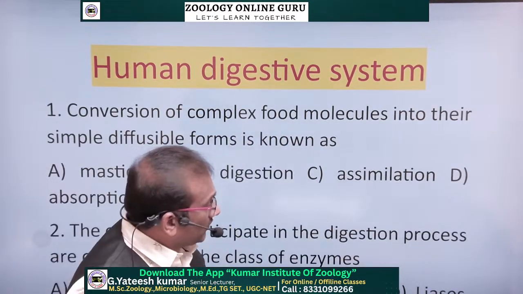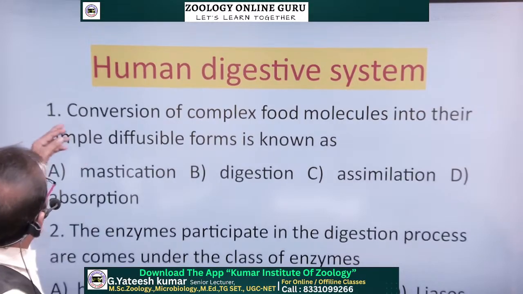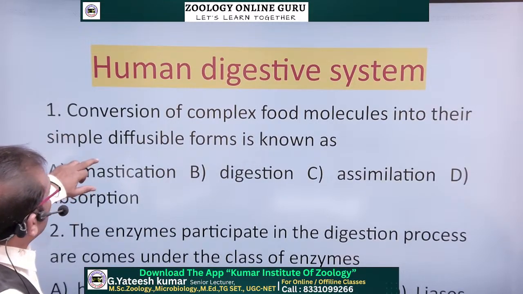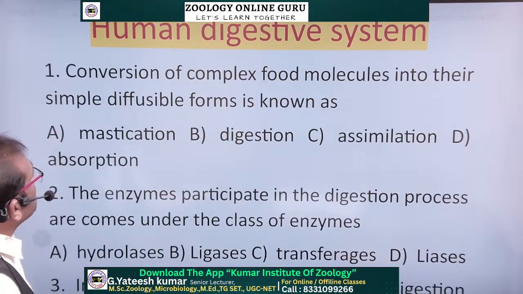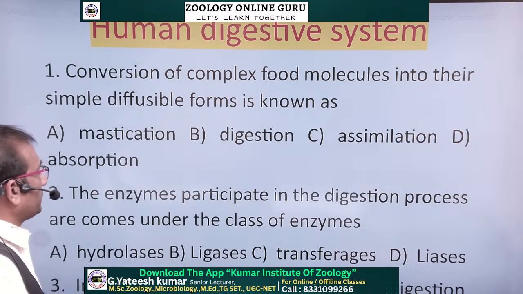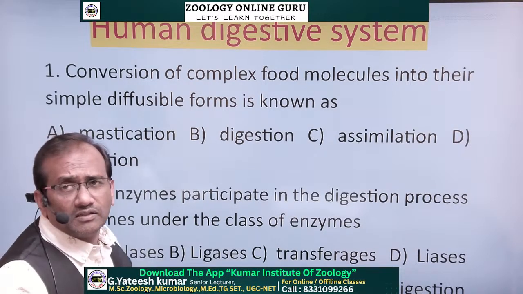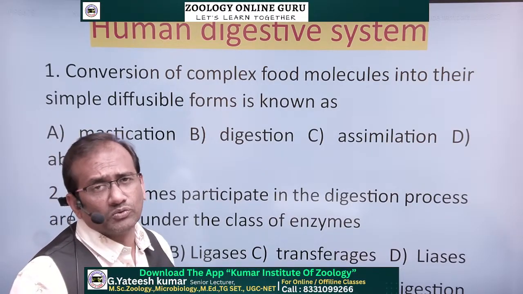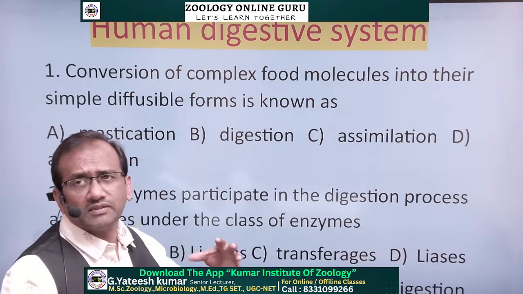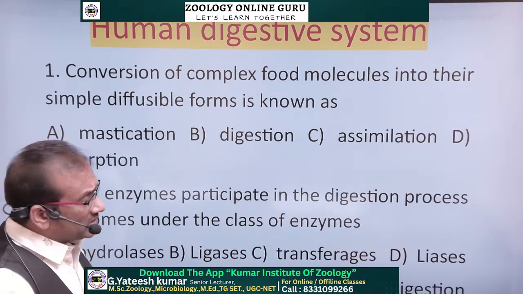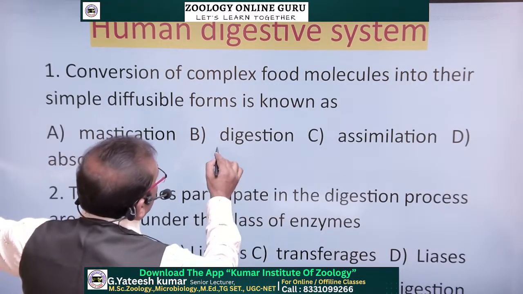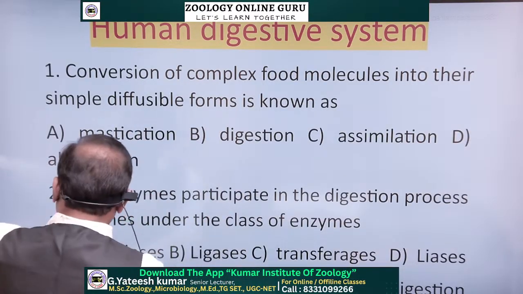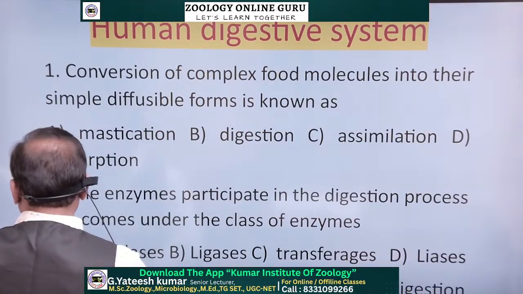Question number 1. Conversion of complex food molecules into their simple diffusible forms is known as. The complex carbohydrates are converted into glucose. So complex converted into simple, it is known as digestion.